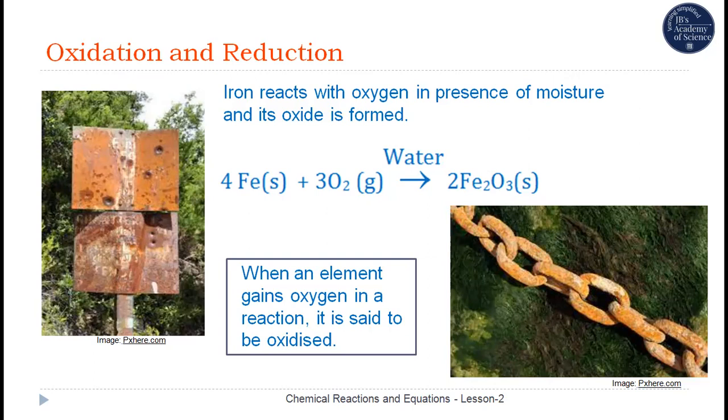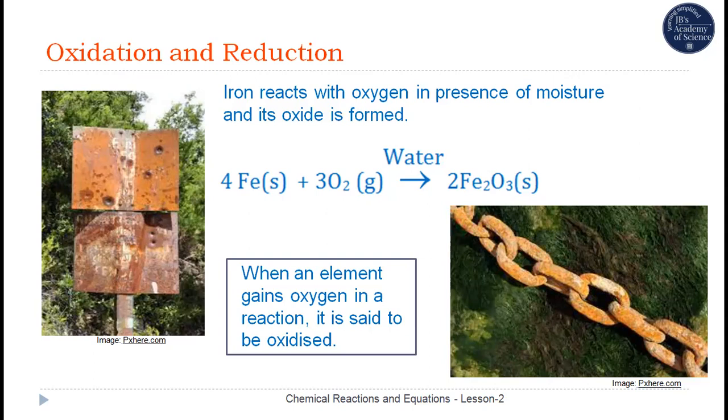So why is this rusting happening? Iron reacts with oxygen in presence of moisture and its oxide is formed. The rust visible on the iron objects is nothing but iron oxide, oxide of iron.